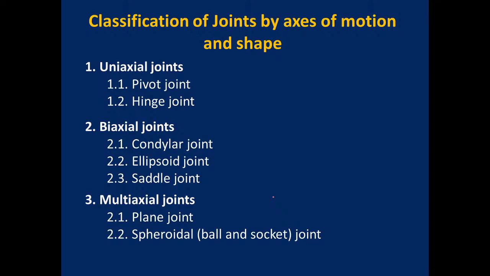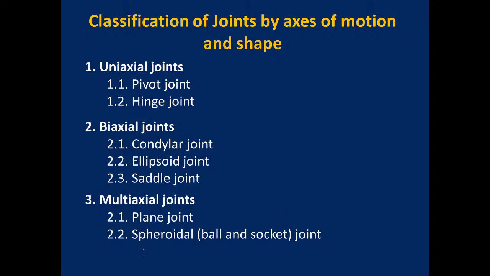This is a classification of joints based on the anatomy or on their biomechanical properties. According to the biomechanical classification, joints are subdivided into uniaxial, biaxial, and multi-axial.